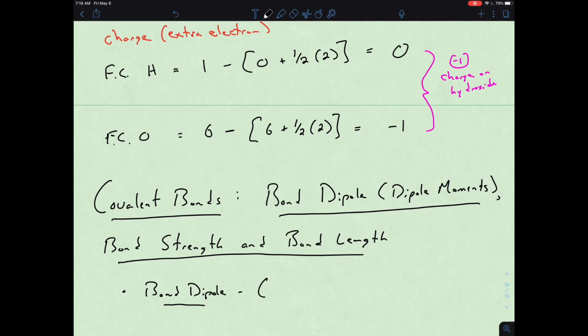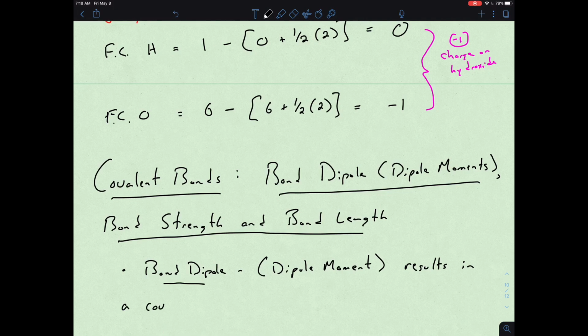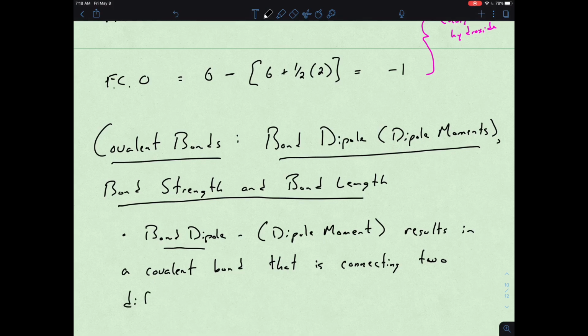A bond dipole, like I was saying above, also known as a dipole moment, results basically in a covalent bond that is basically connecting two different elements of different electronegativity.